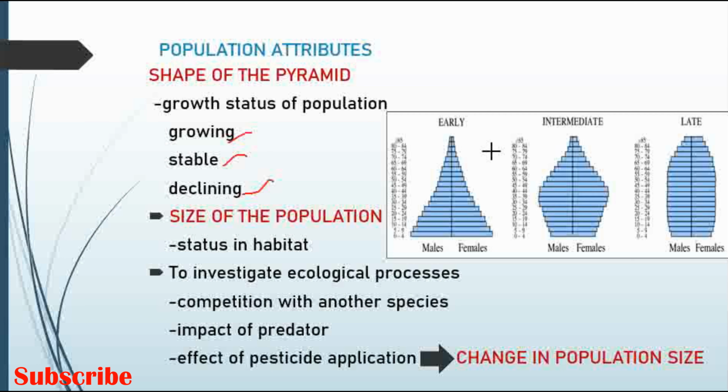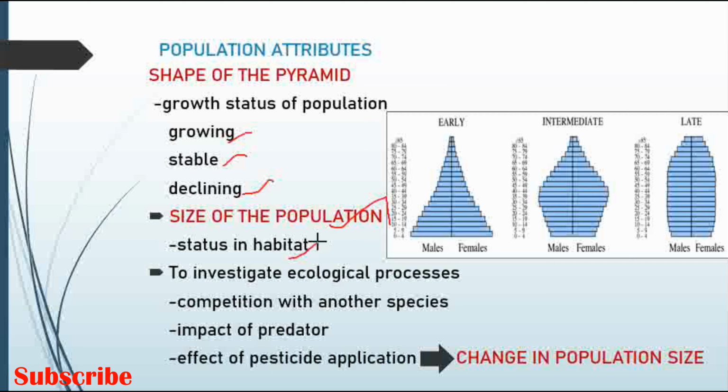And the size of the population says the status of the population in a particular habitat. What is happening to the population in a habitat can be told by the size.